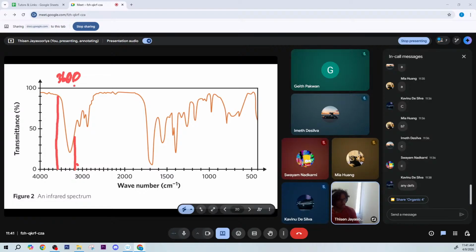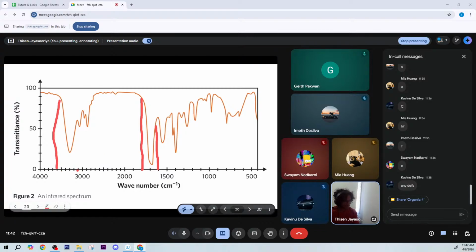We have another peak over here, which is about 750 all the way to 1,400. What is the distance between those two? So this is about 600, and this is about 800 over here. We can see another peak over here.